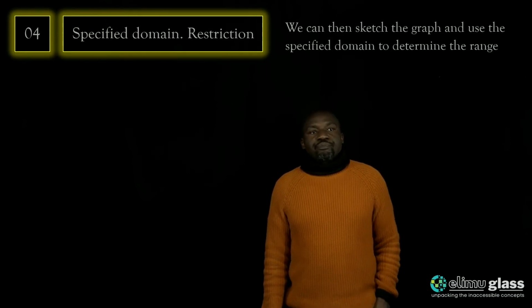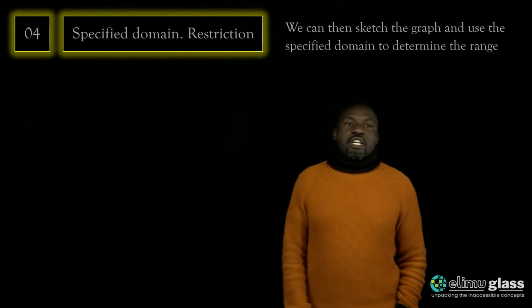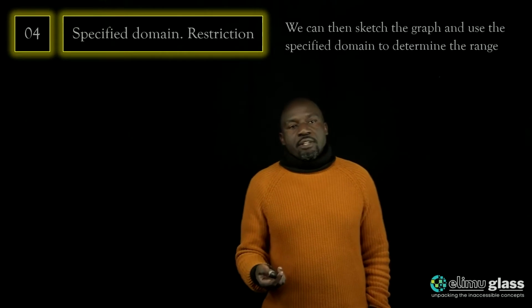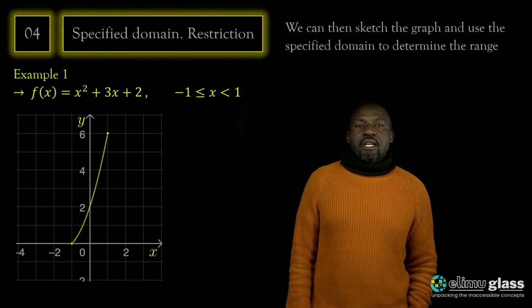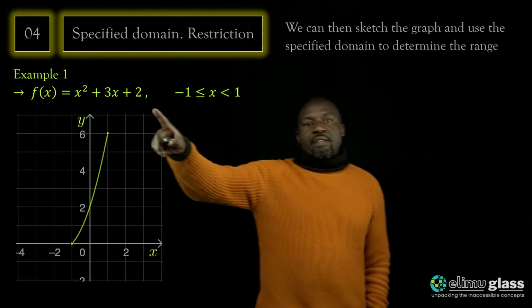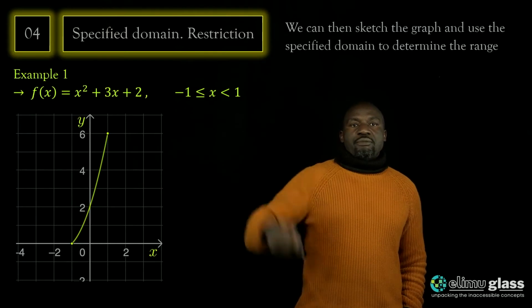Okay? With the information about the domain, we can then go about sketching the graph and use that graph to determine the range of the function. Okay, so here is an example with the first one there. I think I sketched 2 of those 5 examples. So here is the first one.